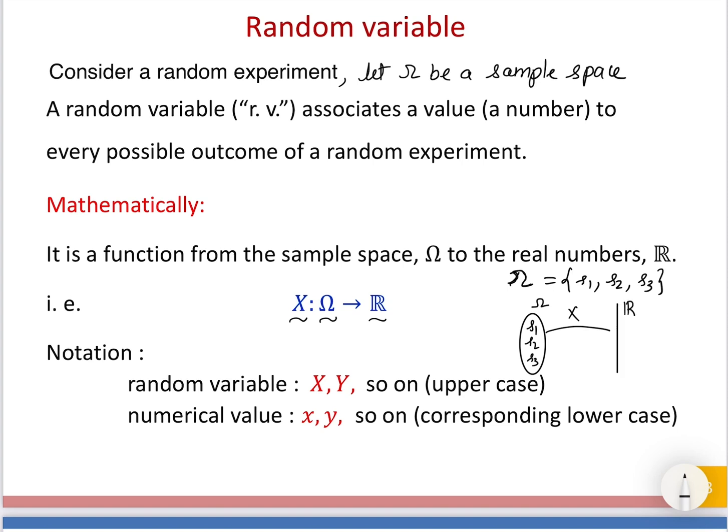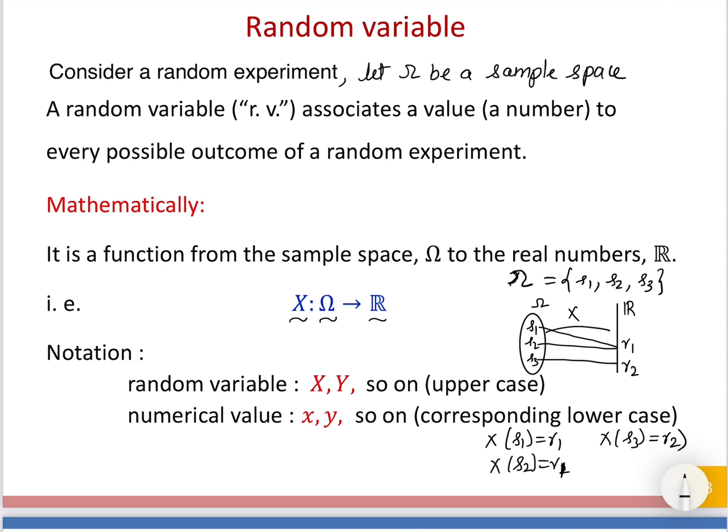For instance, we assume that S1 is mapped to real number r1, S2 is mapped to real number r2, and S3 is mapped to r2, and we write it as: X of S1 is equal to r1, X of S2 is equal to r2, and X of S3 is equal to r2.